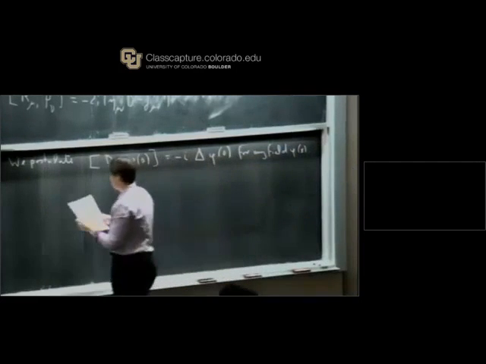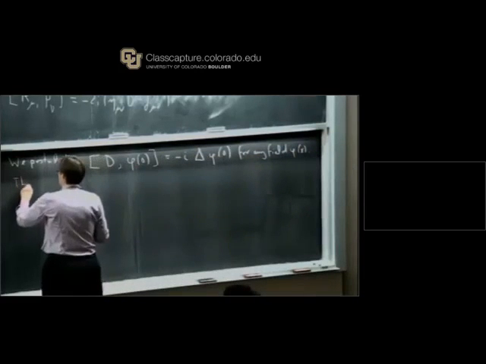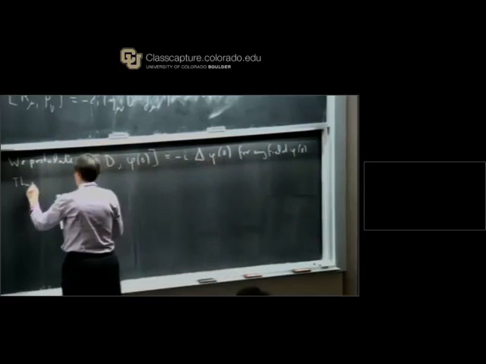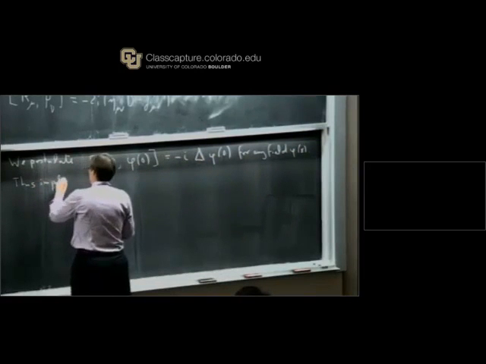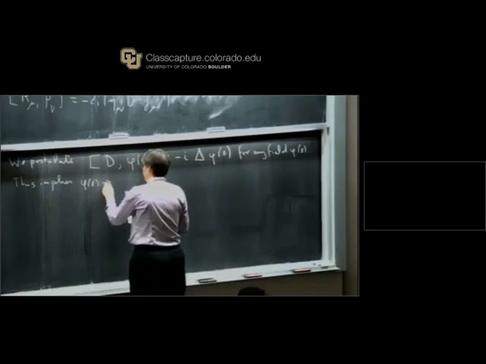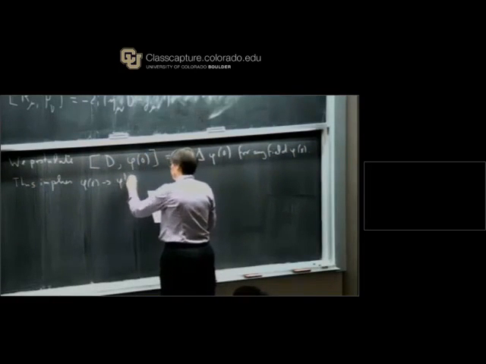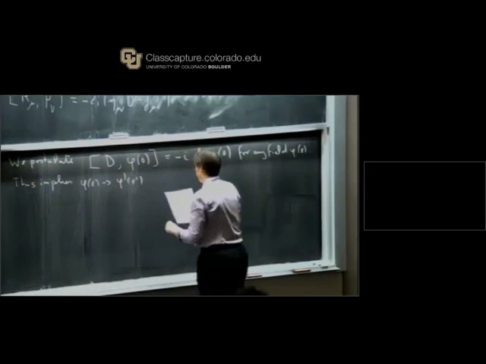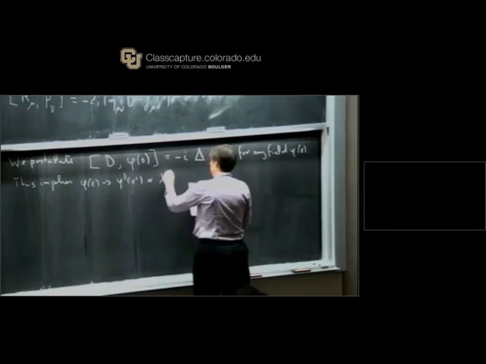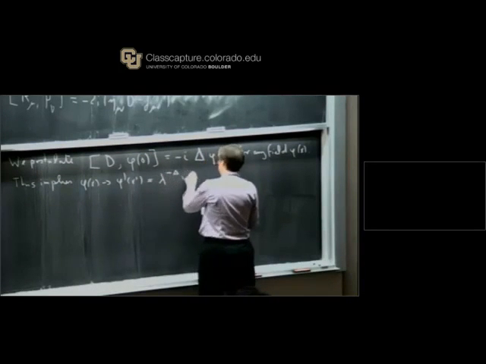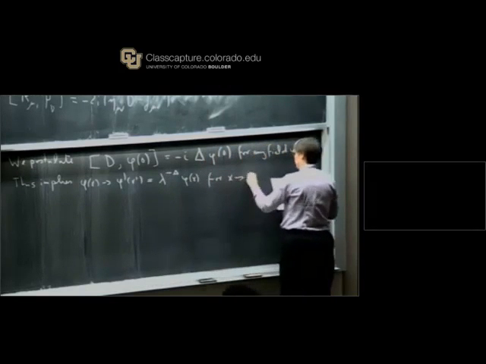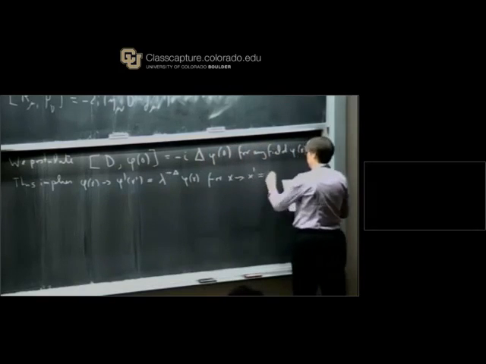And so this actually implies that this capital delta is the scale dimension of the field. So phi of x will go to some phi prime of x prime, and this will be lambda to the minus delta phi of x, if x goes to x prime, which is lambda times x.